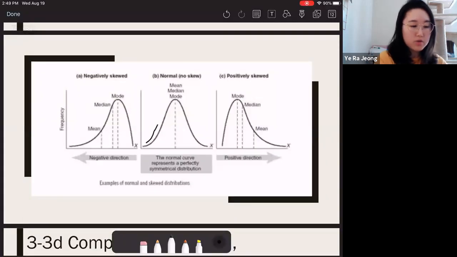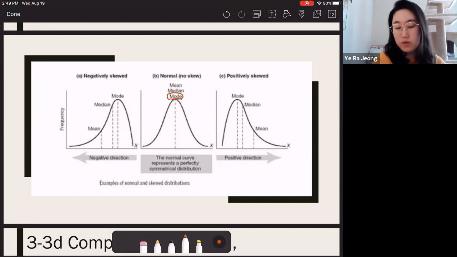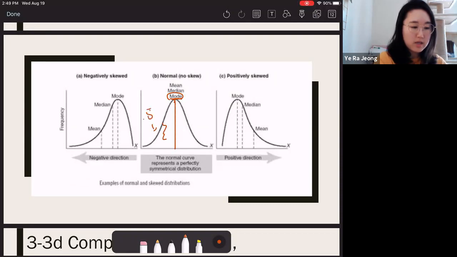When you have a normal distribution like this, with one peak, one highest point, that highest point of any distribution graph is always the mode because it's the most frequently occurring number. And in a normal distribution, it's symmetrical in the middle. So this point is 50%, and this half is 50%. So this middle point is also the median because it's at the 50th percentile. And it also happens to be the mean too.